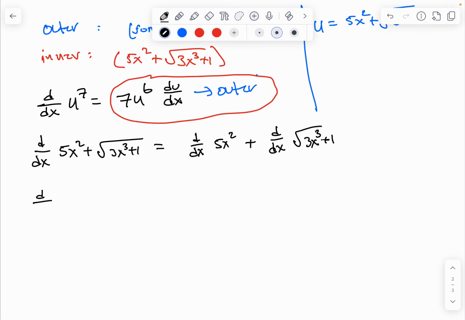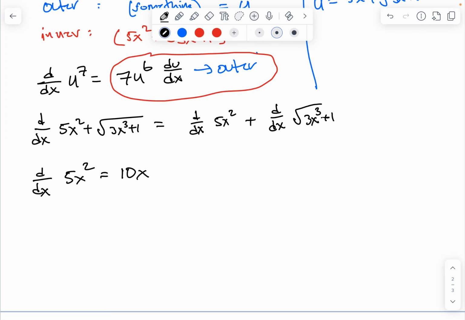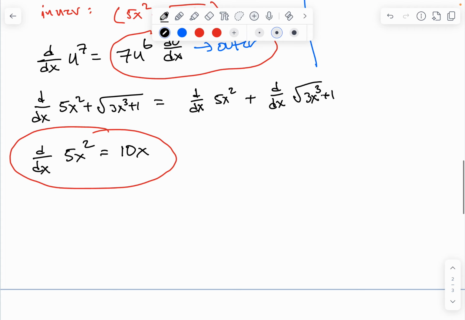So the derivative of 5x squared is just equal to 10x. I'm going to circle that. That's a term. And then the derivative of square root 3x cubed plus 1.